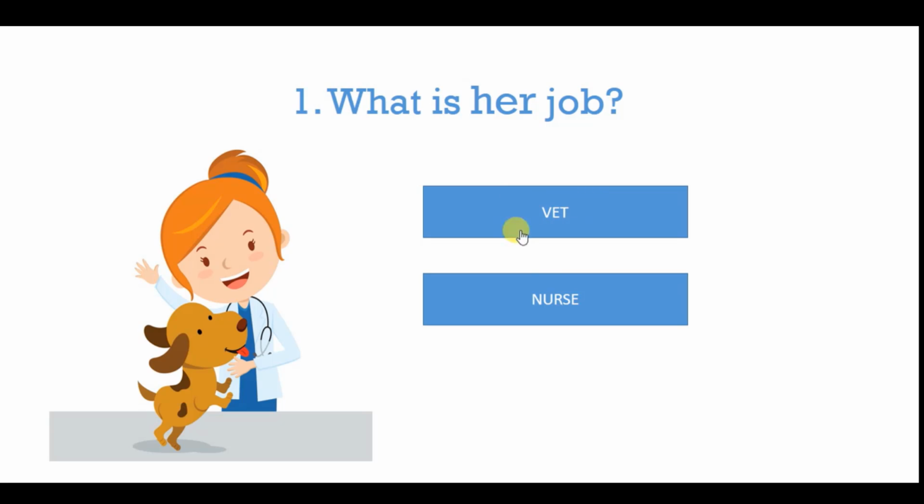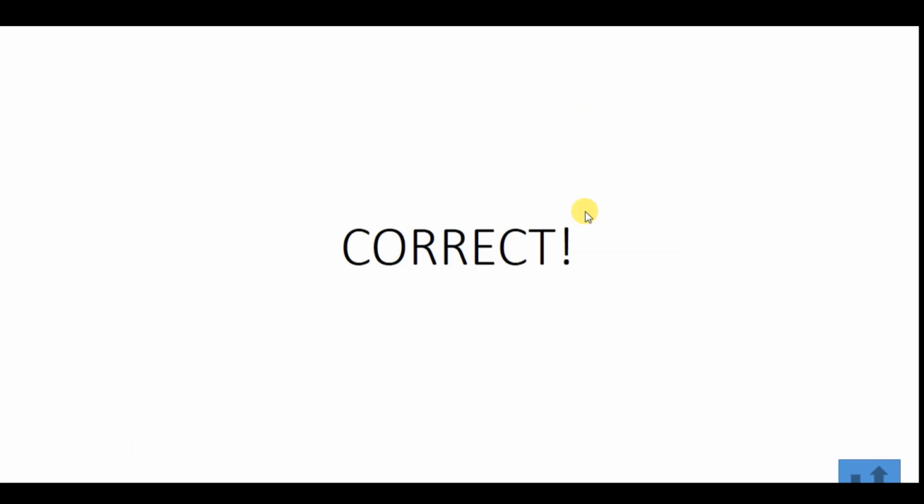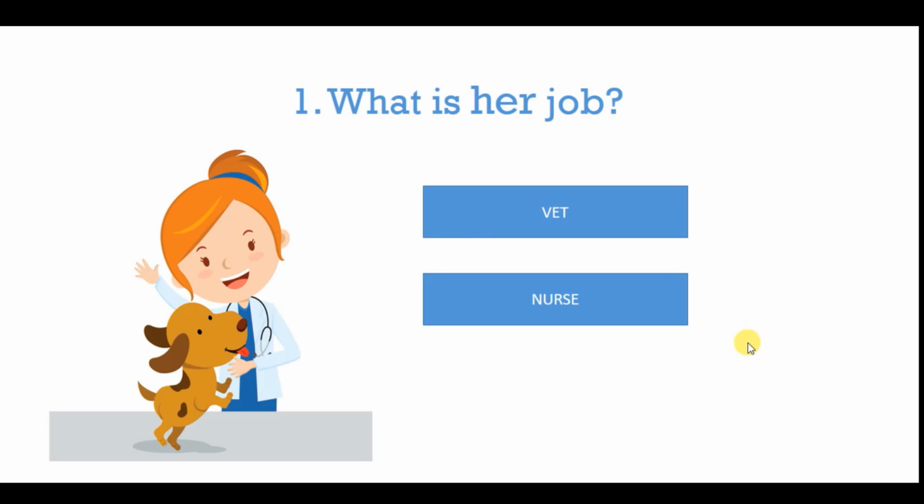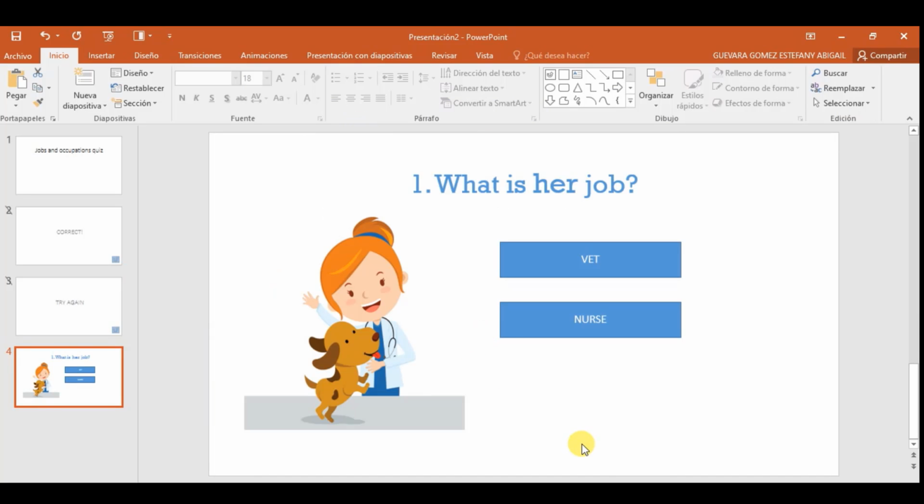So now we go over here and select correct, and here it appears again the question, and we select the wrong answer and it appears the message. We go over and we see again the first question.